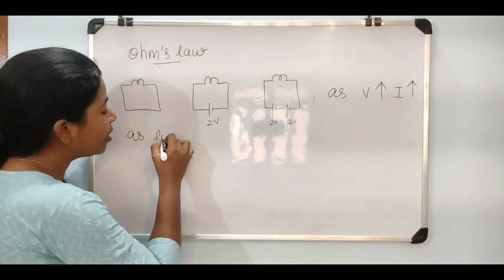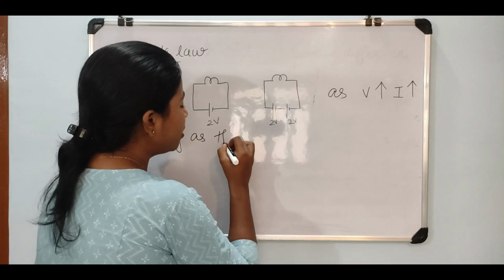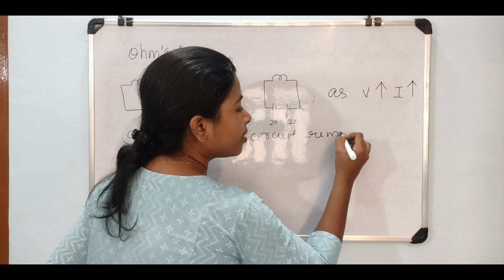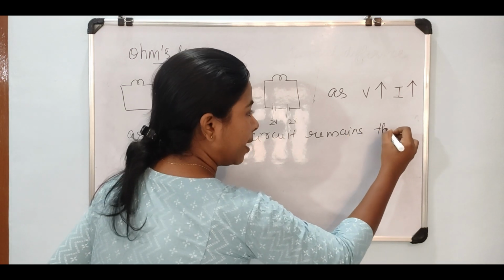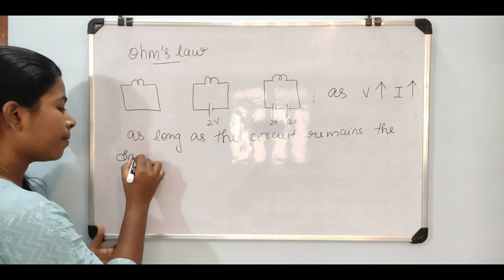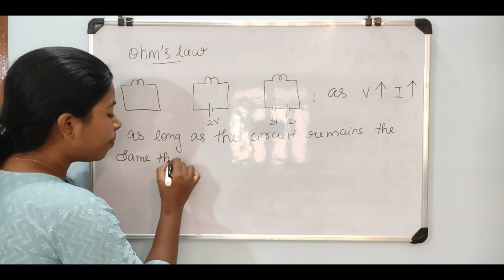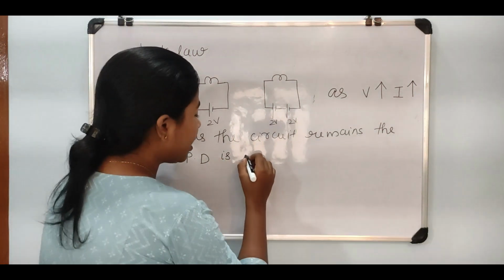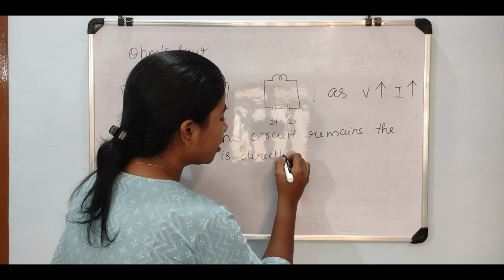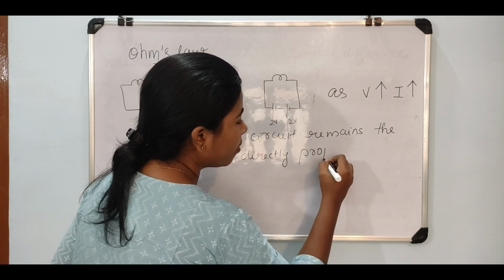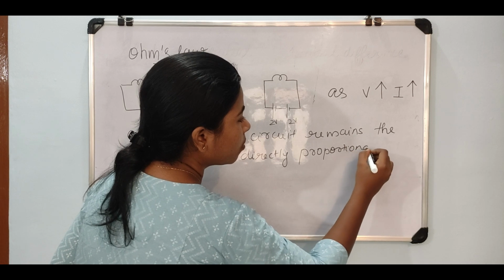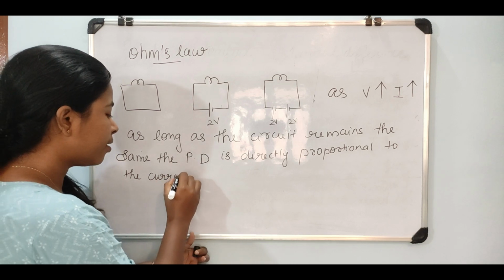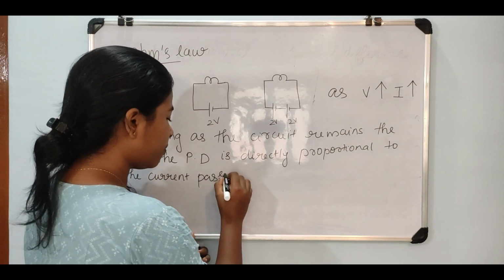As long as the circuit remains the same, the potential difference is directly proportional to the current passing through the circuit.